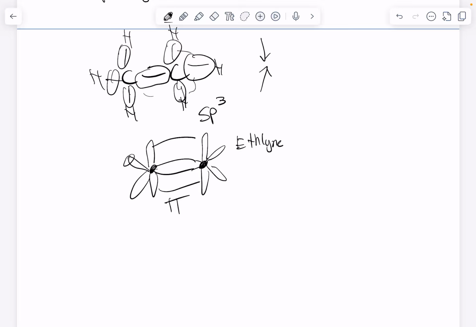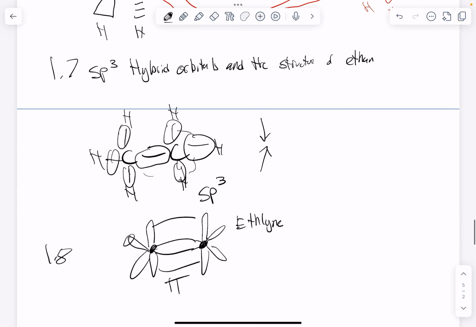So these carbons, since they have the p orbitals, for ethylene, it has sp2. I kind of jumped ahead, I'm sorry, to 1.8. So for the sp3, the easiest way I remember it is if an atom has 4 bonds, it is most likely sp3 hybridized.